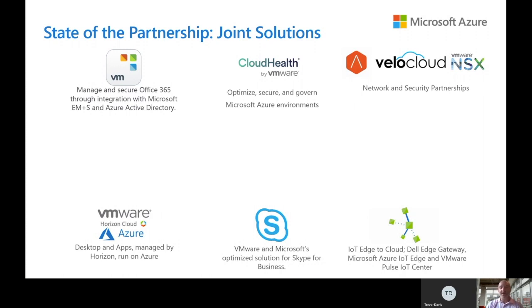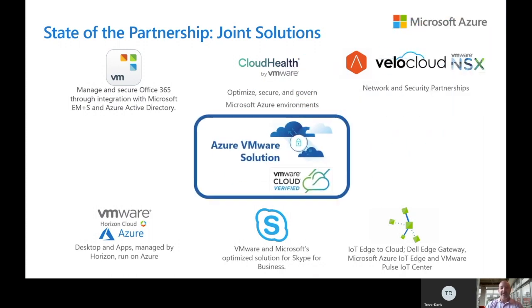Also, Workspace ONE, which many of you I'm sure are aware of, is integrated with Azure Active Directory and Intune to enable endpoint management. So why do I go through this? Simply just to say this is not something new for our organization, right? This is just an evolution of the partnership we already have.